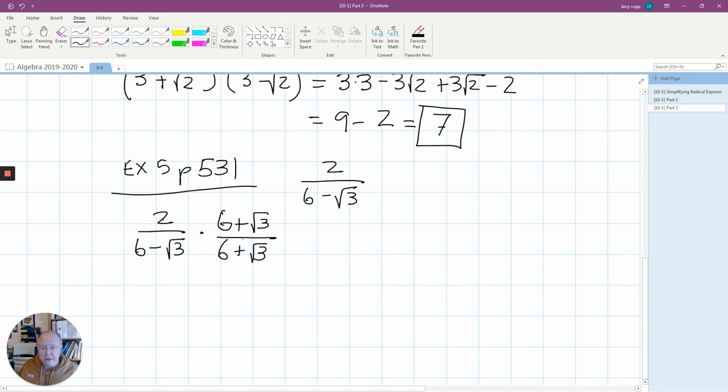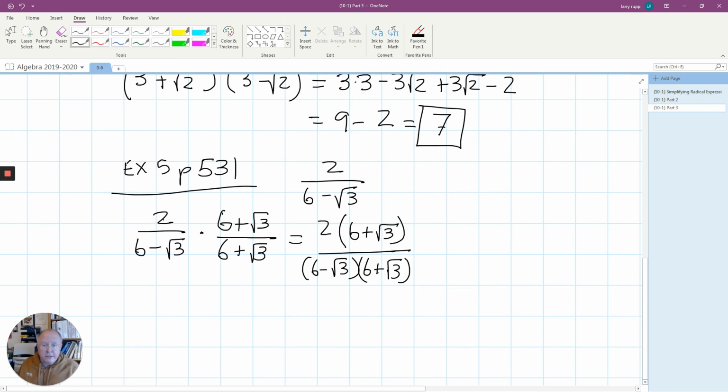So this whole thing equals 1. So we haven't done anything to the equation yet. All right, so I'm just going to rewrite this so that it becomes a little more obvious exactly what we're doing: 2 times 6 plus the square root of 3, over 6 minus the square root of 3 times 6 plus the square root of 3.